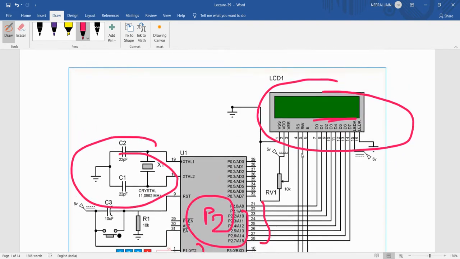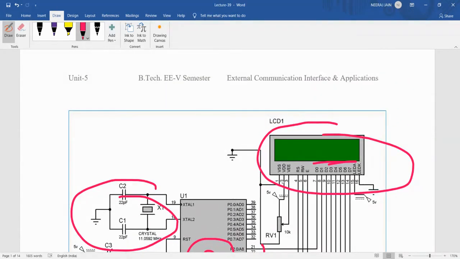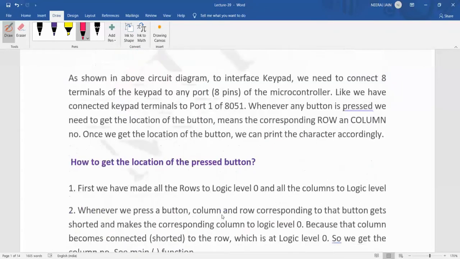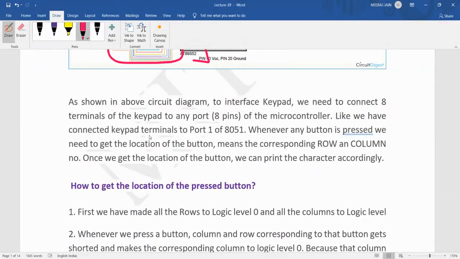The output is taken on the LCD, which is connected on port P2, while the keyboard is connected on port P1. As shown in the circuit diagram, to interface the keypad, we need to connect the 8 terminals of the keypad to any port of the microcontroller.